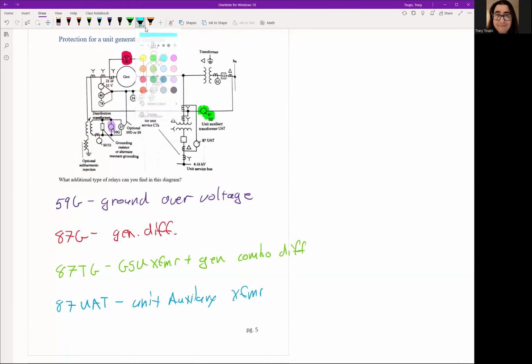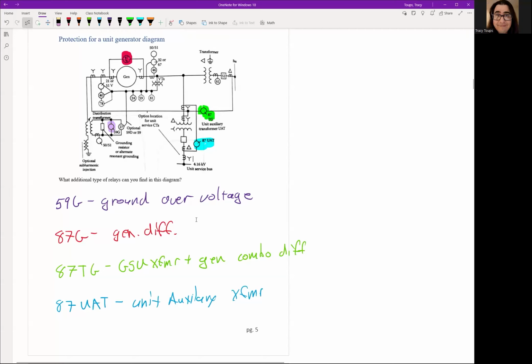Some people might ask, well, what does this auxiliary transformer feed? It feeds a service bus, which typically is like your lighting, the relays might be fed off of this, your excitation circuits, fans, water pumps, any electrical power needed to support the whole generator is fed off this unit service bus.